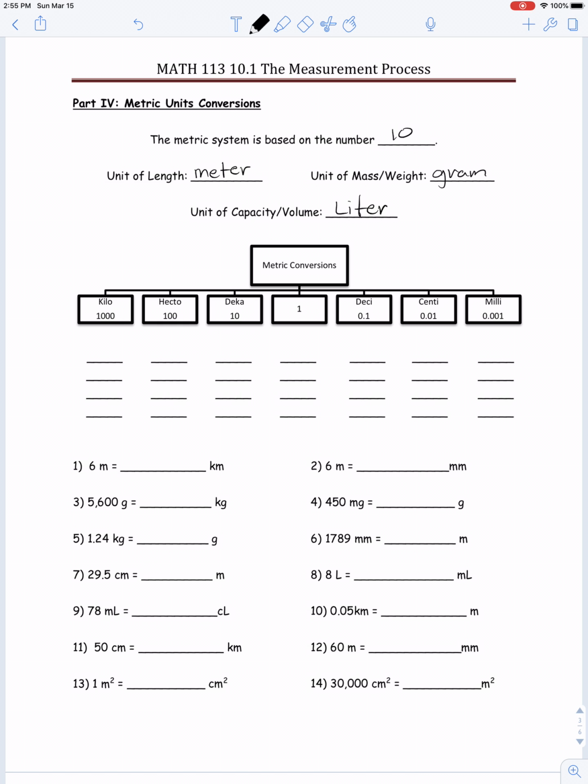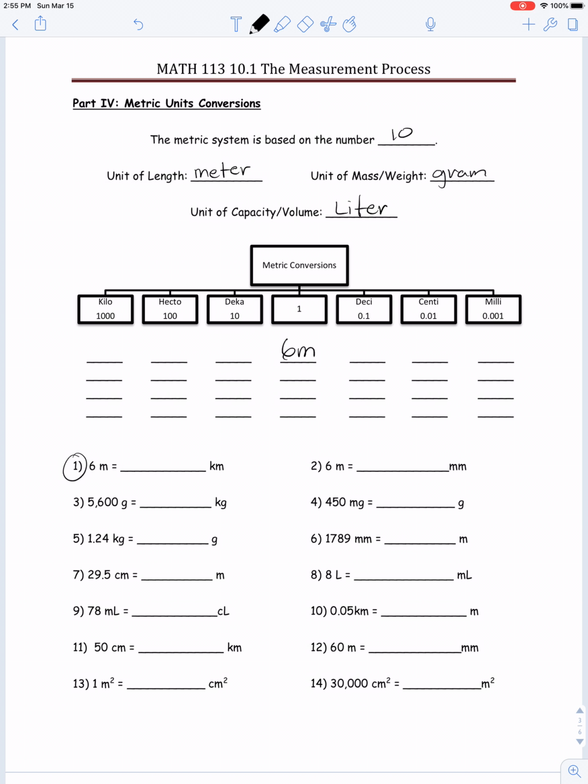So again, the nice thing about when you're trying to go from one to another, since it's all base 10, all you're doing is moving the decimal point either right or left, depending on where you're starting and where you're trying to go to. So in this case, if I was trying to do number 1, and I started off with 6 meters, which would be in the middle, so meters is always in the middle.